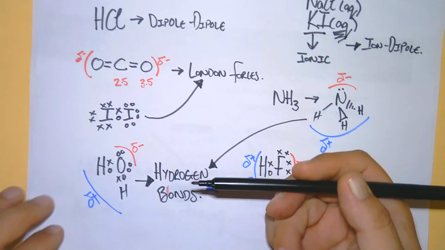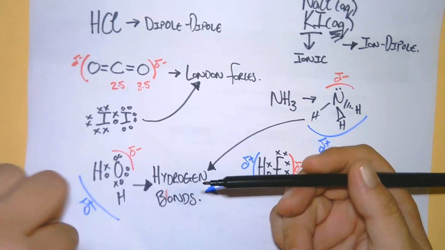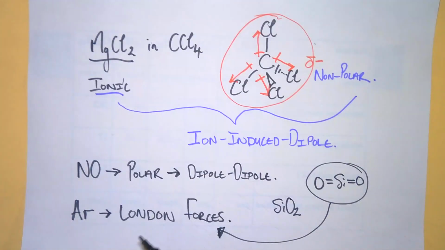The weakest one then out of all of them would be, of course, our noble gas, argon. Noble gases don't like bonding to other things to begin with, and then it bonds by means of the weakest intermolecular force. So that would be our weakest type of bond.